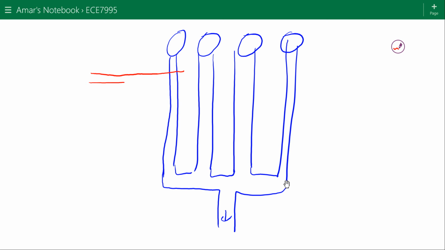So one way we could do that is by putting a valve here. We could put another valve here, another valve here, and another valve here. Each one of these would be connected to their own respective control channels.